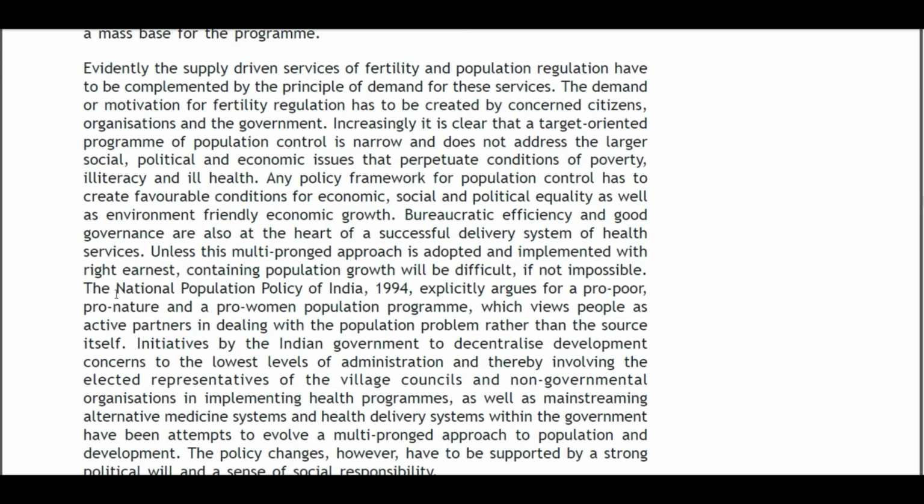It is not impossible. The National Population Policy of India 1994 explicitly argues for a pro-poor, pro-nature and pro-women population program, which views people as active partners in dealing with the population problem rather than as the source of it.